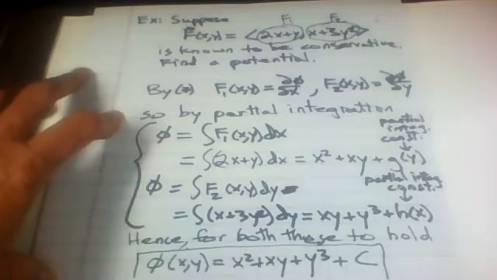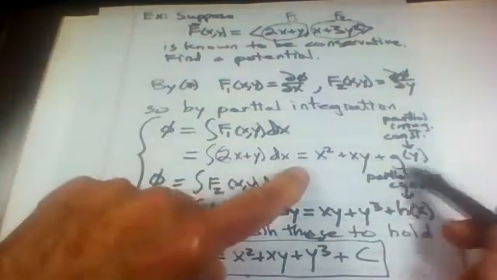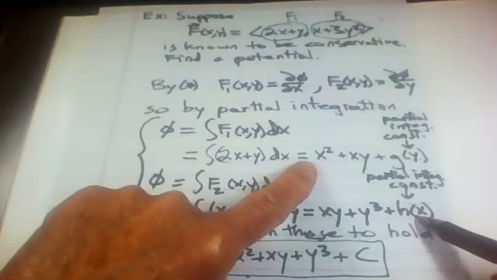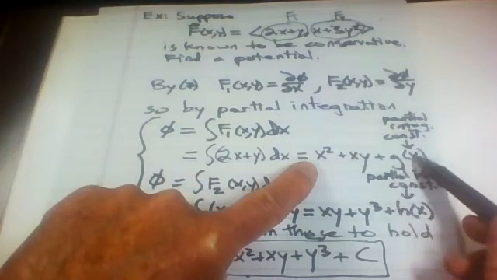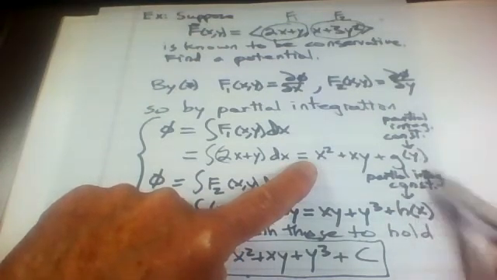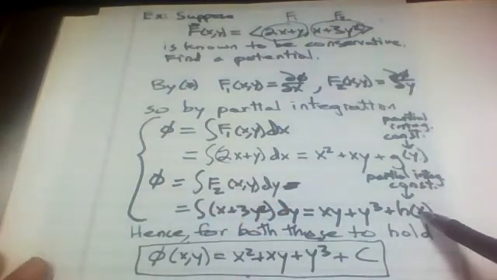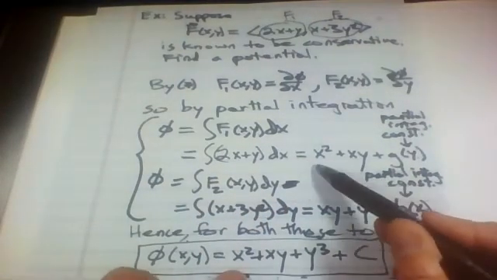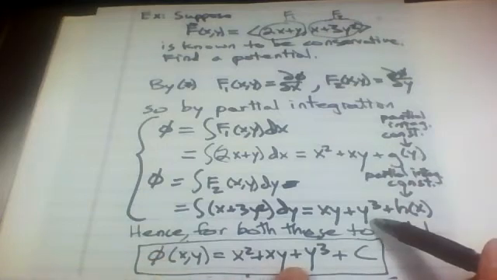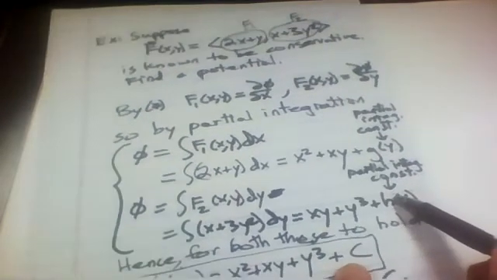But for this one, we notice that x squared must go into h of x, since it's a function of only x, and y cubed in this one must be the g of y up here. And then you can add an arbitrary constant to either of these, one that doesn't depend on either x or y. And so what you have is x squared plus xy plus y cubed to make the match, to within an arbitrary constant c.